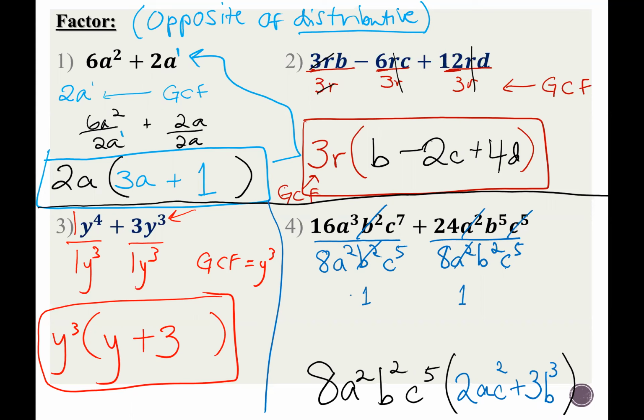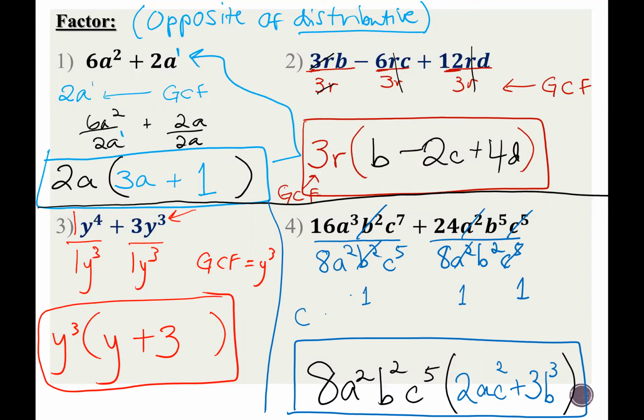All right, so check out what's in our parentheses. 2ac squared plus 3b to the 3rd. There's no common factor between those terms other than 1. 2 and 3 have no common factor. This first term has a and c, the second term has b. They have no shared variables. So our final answer is right here. 8a squared b squared c to the 5th, that big thing is the GCF on the outside of the parentheses.